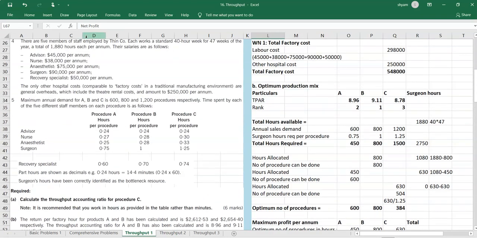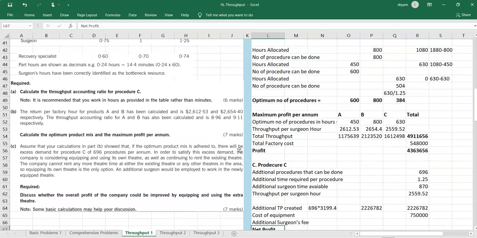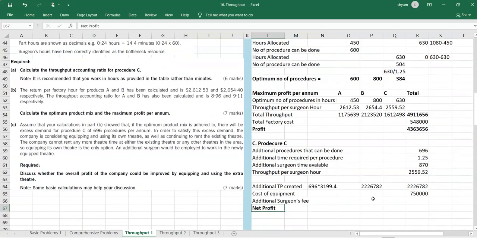Each surgeon is paid 90,000 per annum. So you can put here 90,000. This is also per annum and this is also per annum. So we can deduct now, and we got our answer.